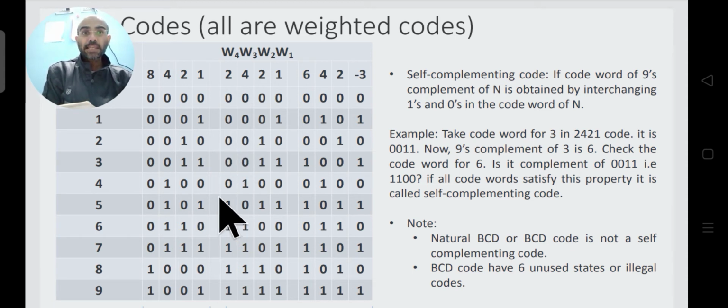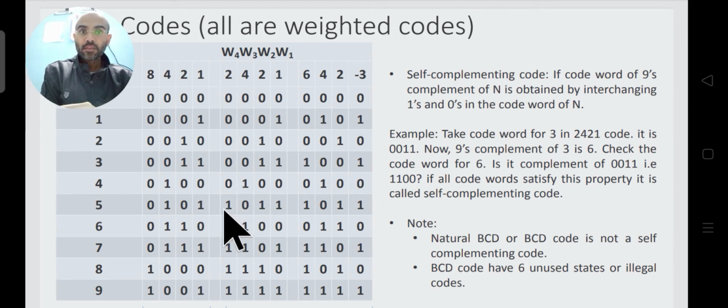So to make it correct, you should start from the LSB, not from the MSB side. Same way, if I want to represent 5, I will start from the LSB side. To represent 1, this weight should be there, so 1, then 2, so if this comes, then it will be 2 plus 1, 3. Then 2 more is required, so this should be 0, and then this is also required.